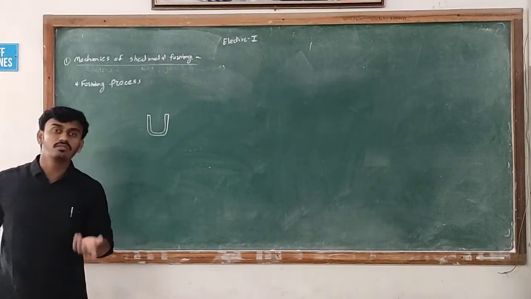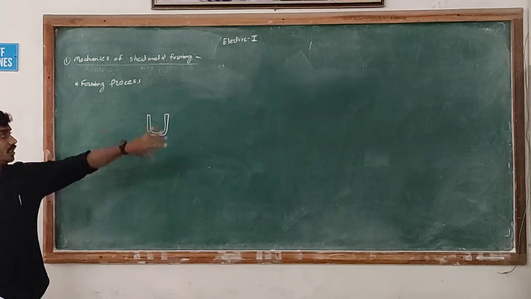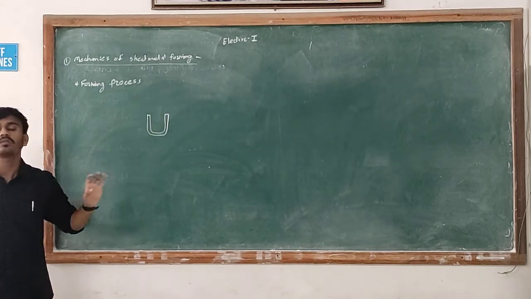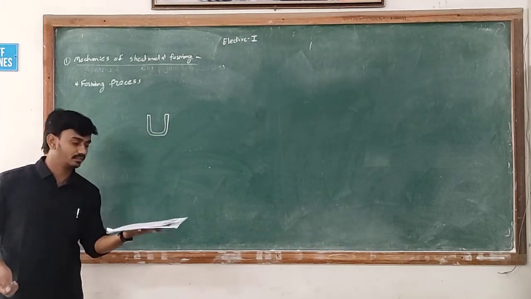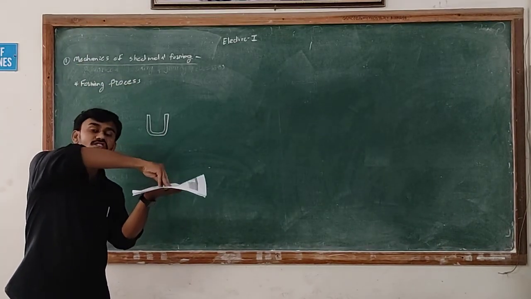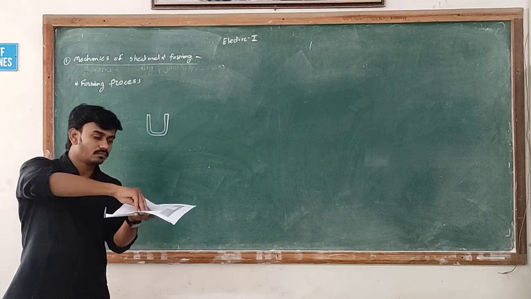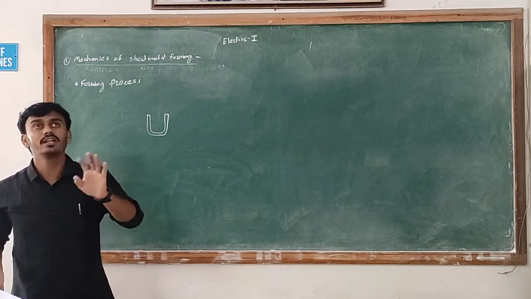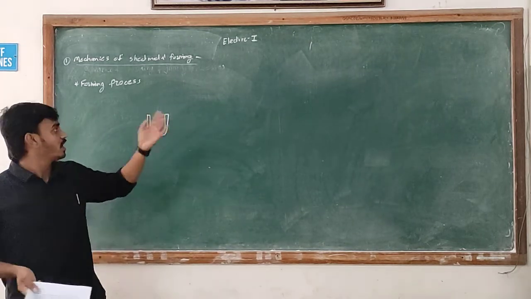How can we convert this sheet metal into this cup shape? We apply force by using a punch, and then we can convert it into our required shape.